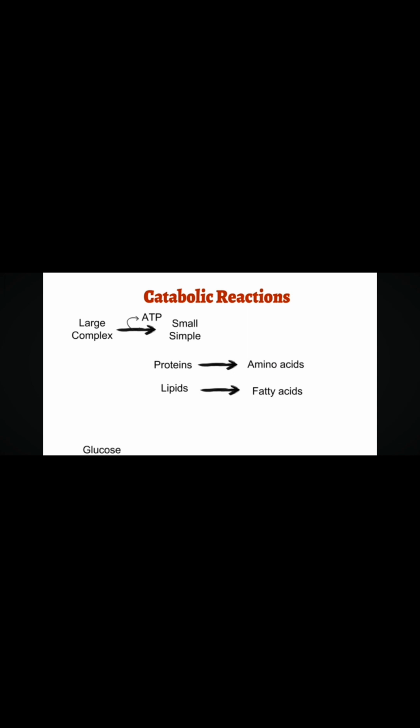A classic example of catabolism is the degradation of a glucose molecule into pyruvate. Glucose is a hexose sugar, that is, it is made up of 6 carbons, and pyruvate is made up of 3 carbons, that is, a triose. This degradation occurs in 10 stepwise reactions known as glycolysis, and during this conversion 2 ATP molecules are produced.